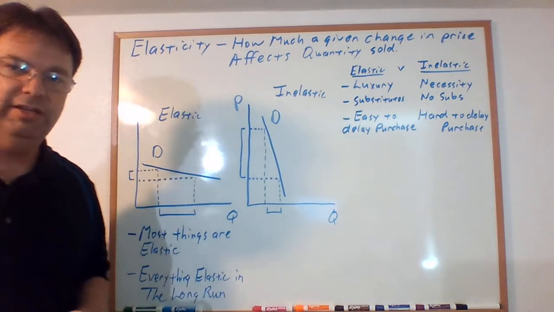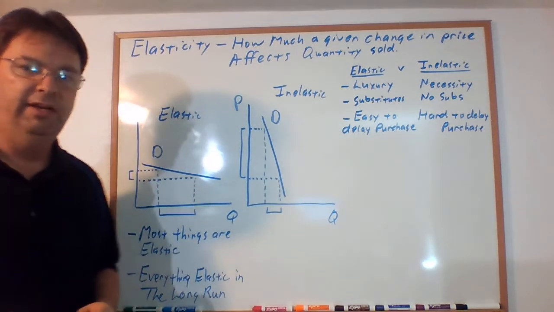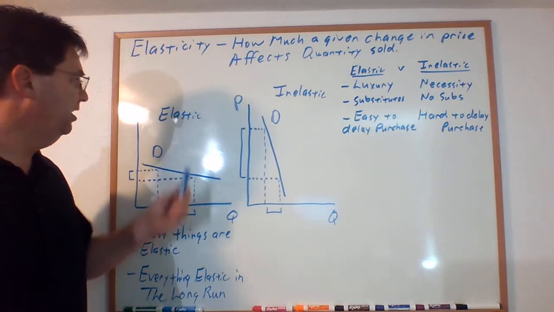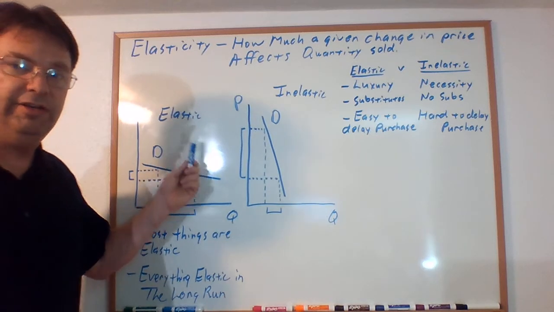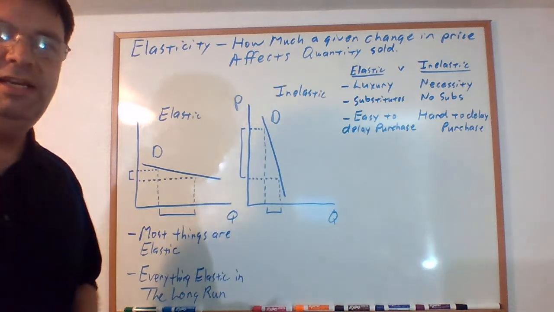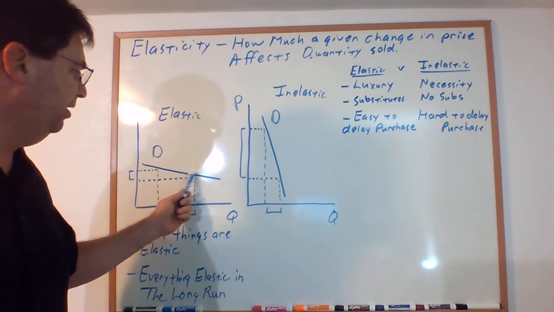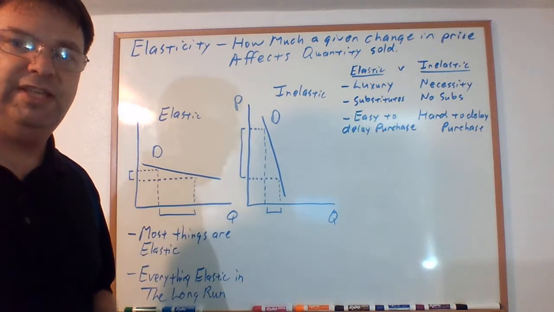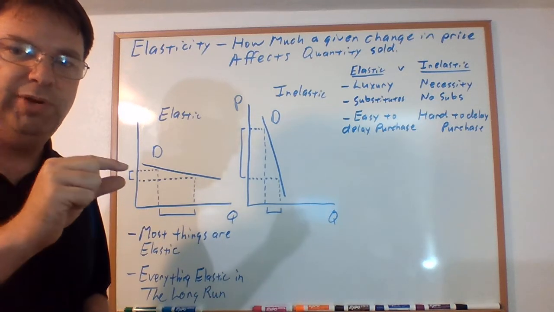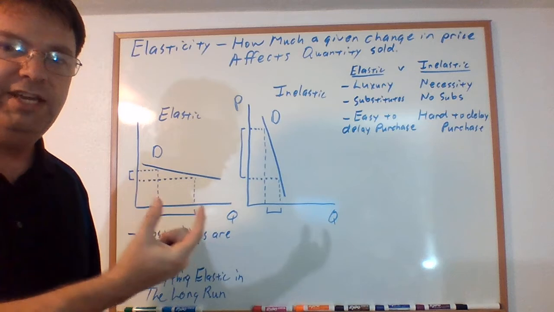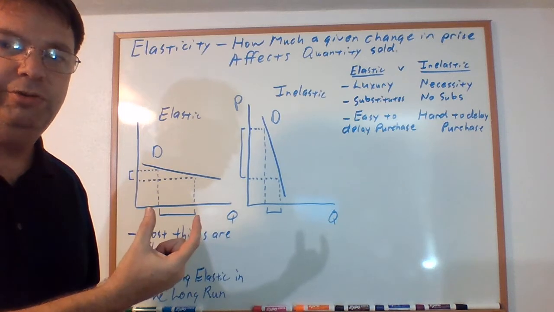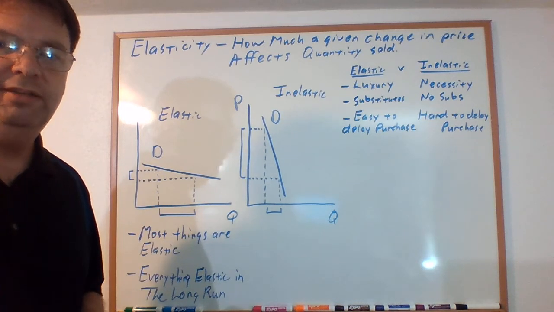So let's take a look at some of those right here. So what you've got here first is the elastic demand curve. And an elastic demand curve is going to lay down very flat. And what this means is that a small change in price equals a large change in quantity. All right?